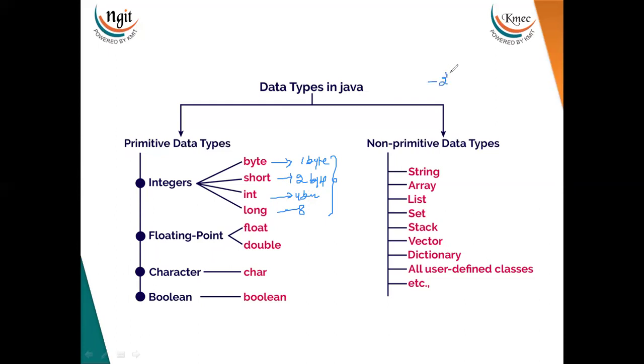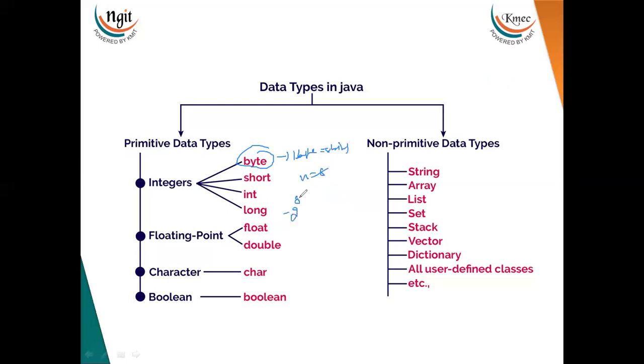The formula is -2 to the power of n minus 1 to +2 to the power of n minus 1, minus 1. Here n represents the number of bits, not bytes. I'm going to calculate for one of the data types. Let's say I'm taking byte. As we know, 1 byte equals 8 bits, so n is equal to 8.